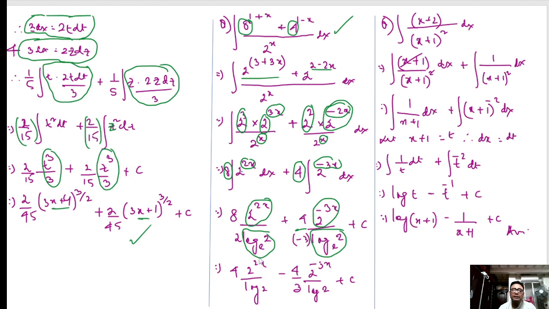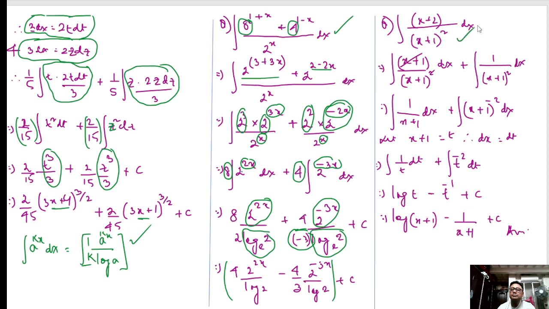Then this is the final answer. We know that the integration of a to the power x dx is a to the power x by log a. Now if there is a k, it will be 1 by k. This is how minus 1 by 3 has come here. Clear?